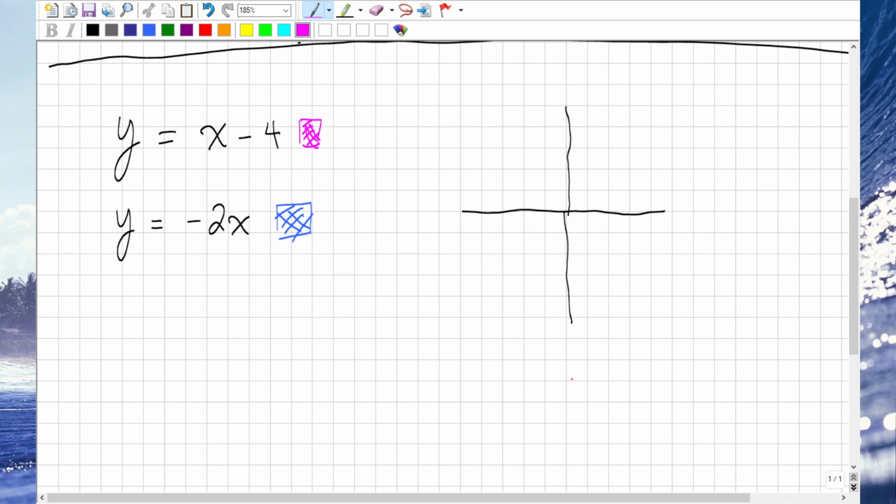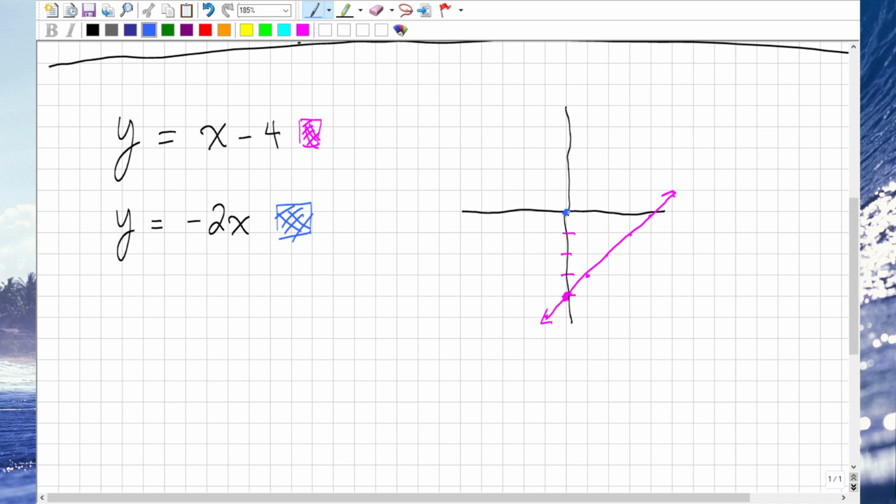Alright, so for pink we start off at negative 4. 1, 2, 3, 4. And it has a slope of 1. Might look familiar. And then for blue, it doesn't have a b value, so it starts at the origin at 0, 0.